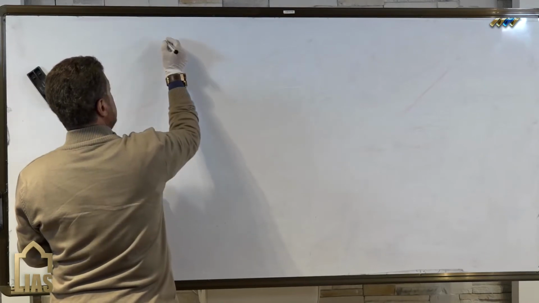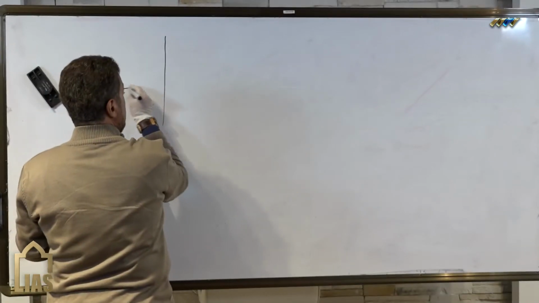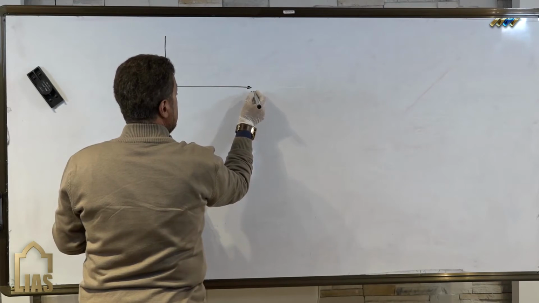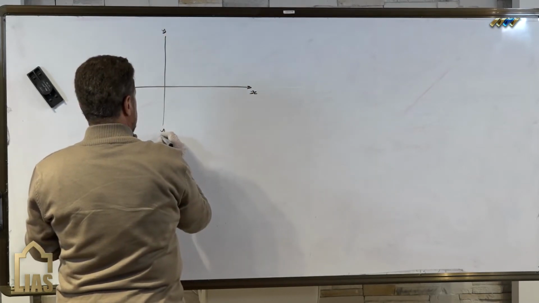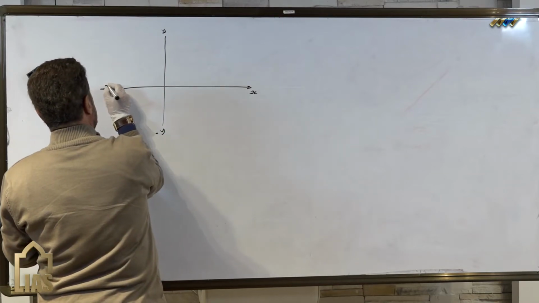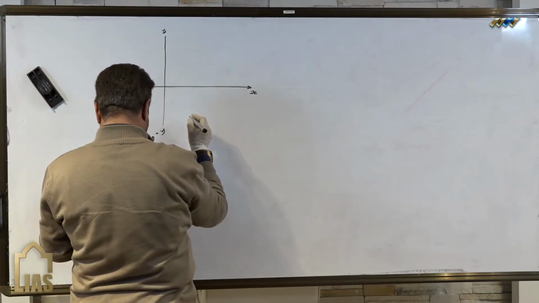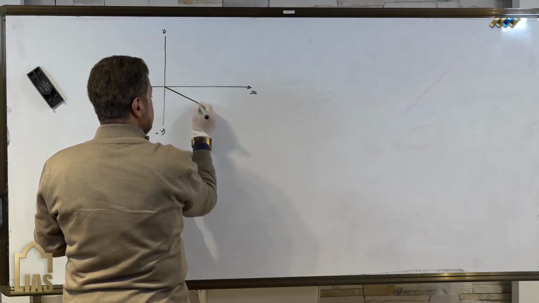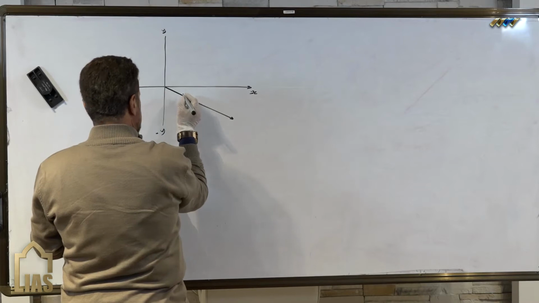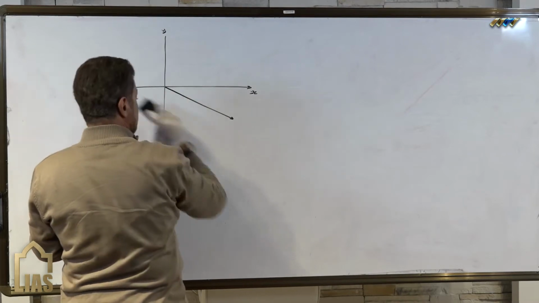خلينا ندير الاكس والواي، اكس واي, minus y, minus x, below the positive x-axis like that. It's 45 degrees.